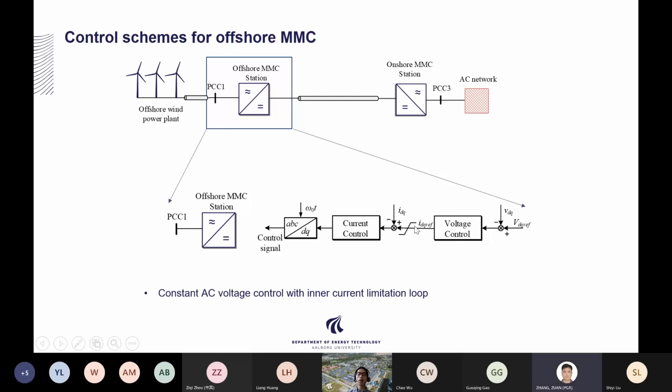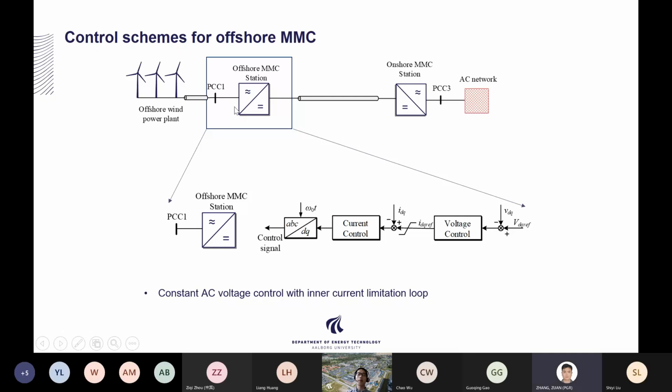So we do not have stiff control of the current here, because you can imagine this current reference will also change based on the power generation of the wind power plant, since primarily we only control the voltage. That is why there would be no conflict here, because the current control is solely for current limitation purposes, not to control the current to a predefined value.